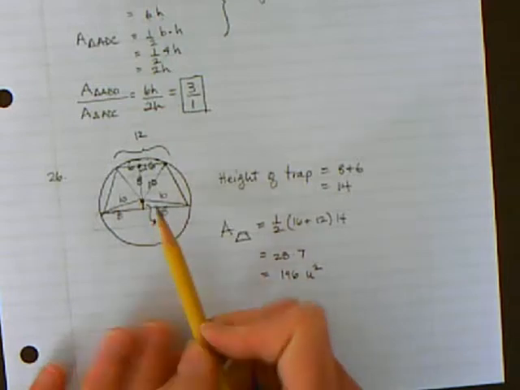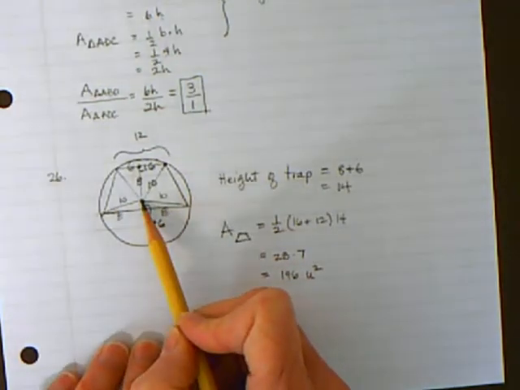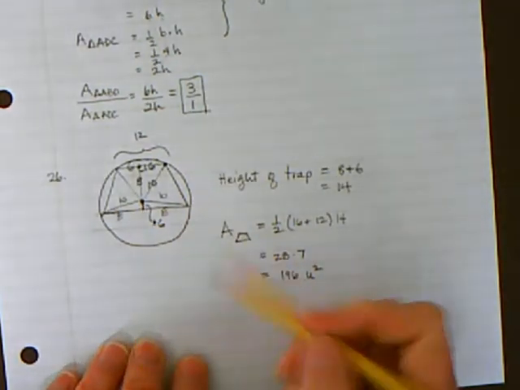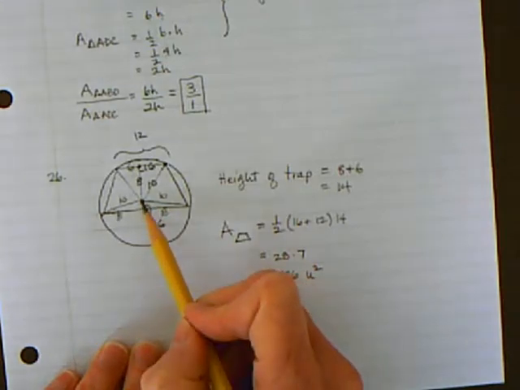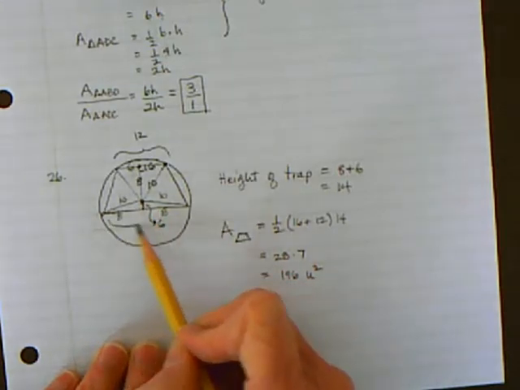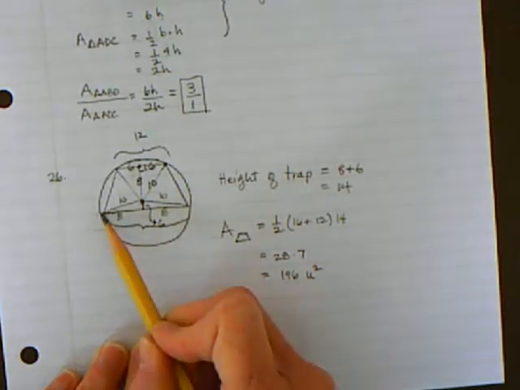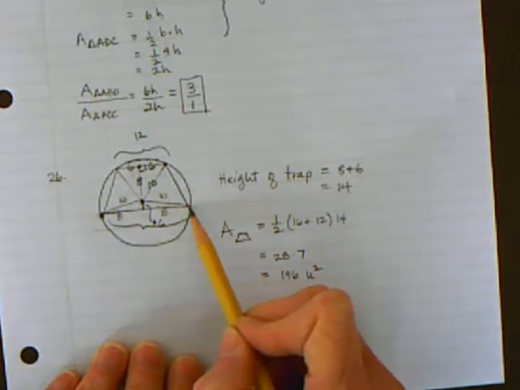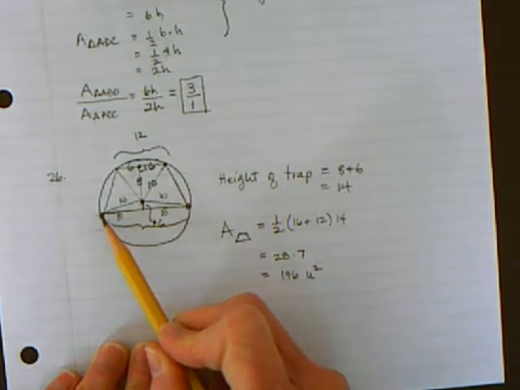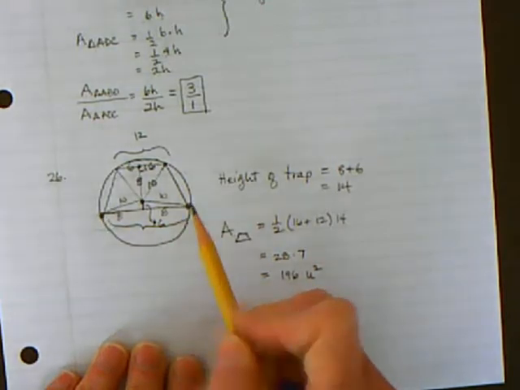Now let's look at this distance here, and admittedly my picture is pretty lousy and it's not to scale. So I know that this entire length here, from this point on the circumference to this point on the circumference, the base of the isosceles trapezoid, is 16.